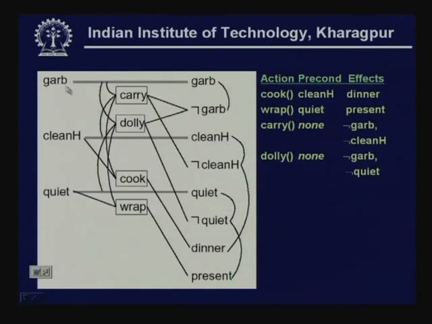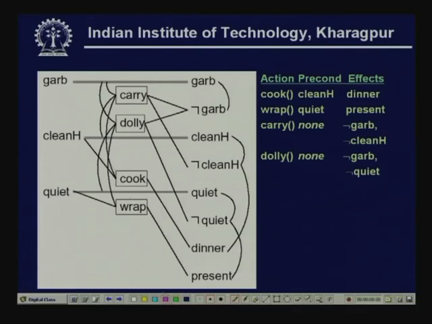These are the precondition links, and these are the effect links. These are the maintenance actions, and then we have specified the mutex relations between the different actions.